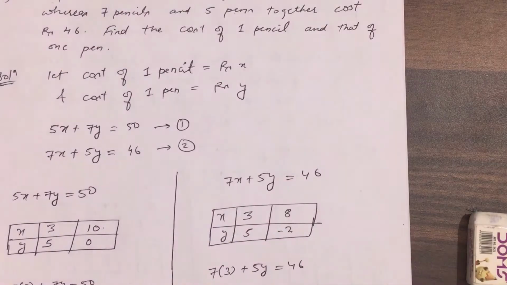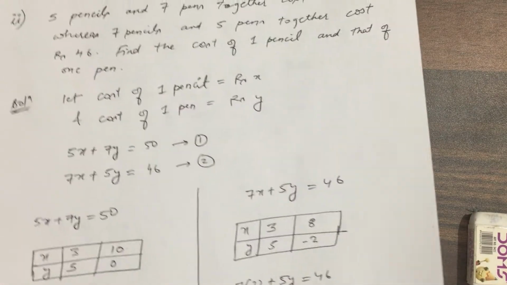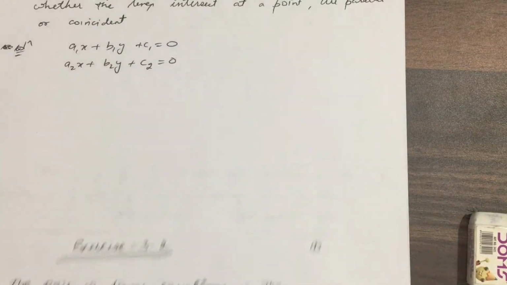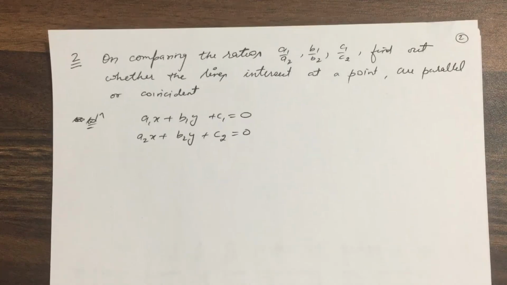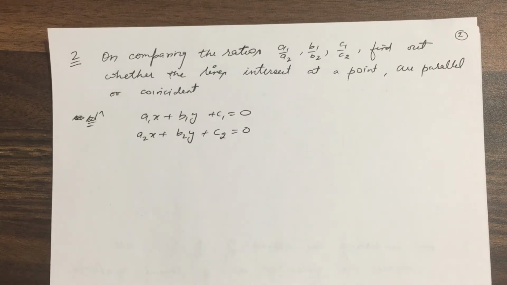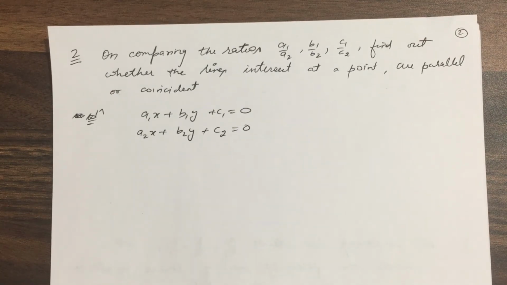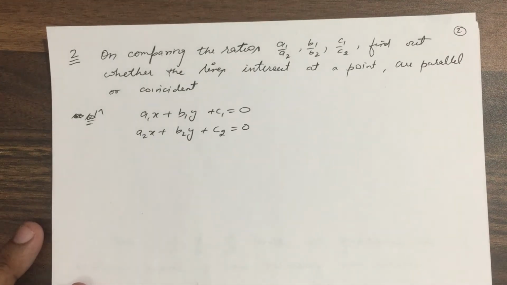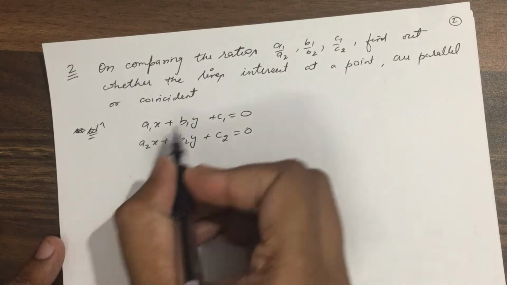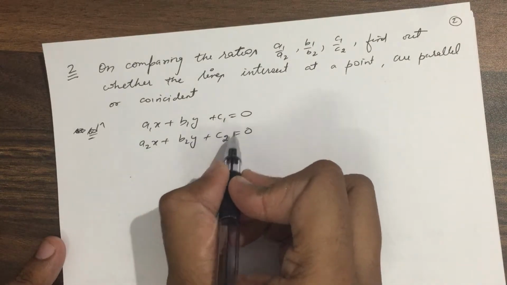Okay. Now we will come to the second question. In the second question, on comparing the ratios, you have to find whether the lines intersect at a point, or whether they are parallel or coincident. Now we already know these are the standard form of equations.